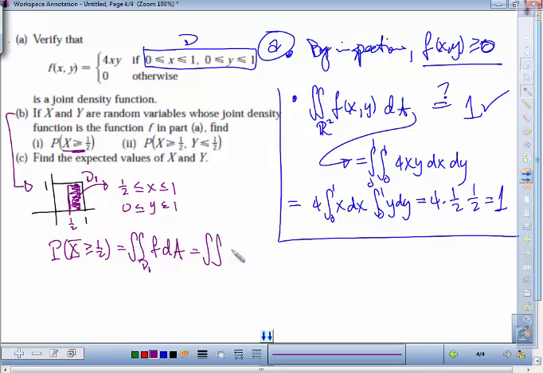And again, this will have constant limits. Our f function is 4xy, and our x goes from 1/2 to 1, and our y goes from 0 to 1. So it's essentially the same integral, except you have slightly different limits.